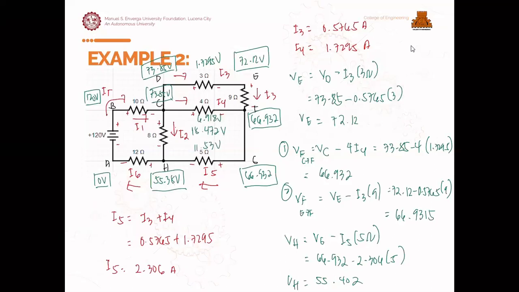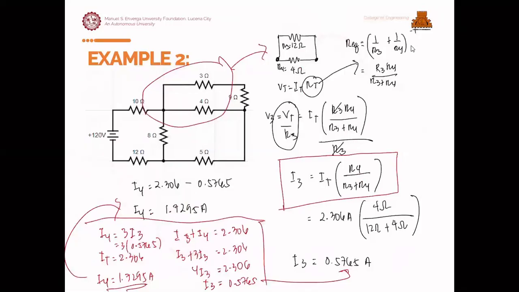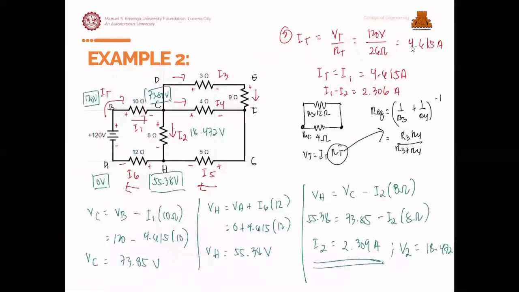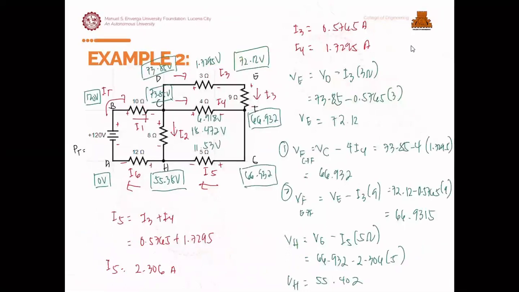Kunin natin yung power. So, power natin total will be 120 times I natin total, which is ilan yung total natin? 4.615. Okay? 4.615. So, 553.8. So, identify natin P1.